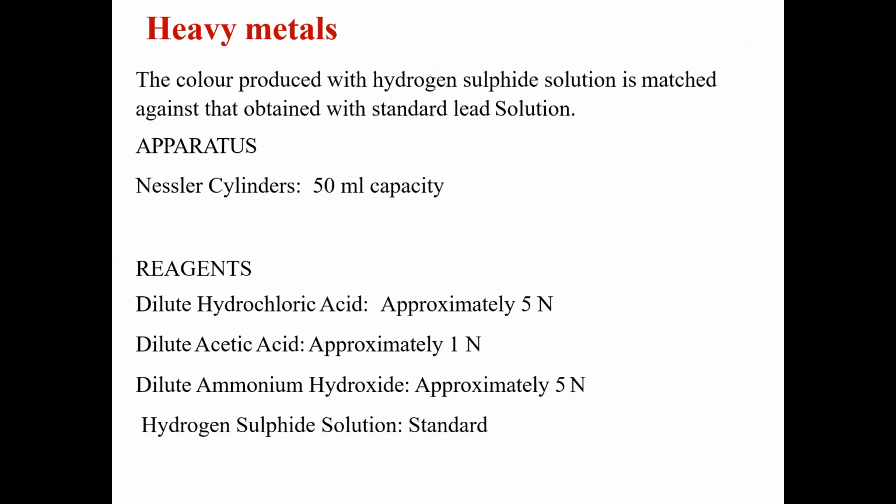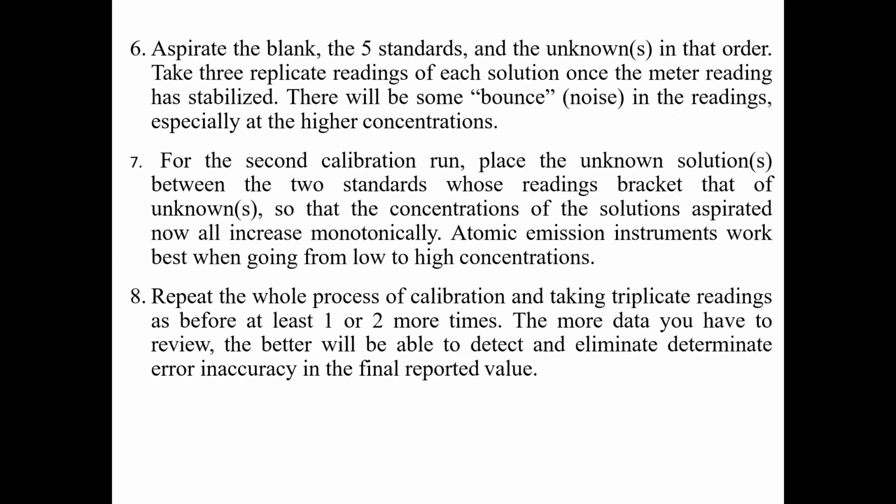Then aspirate the blank, standards and unknowns in that order. Take 3 replicate readings of each solution once the meter reading has been stabilized. For the second calibration run, place the unknown sample between 2 standard readings that bracket the unknown. Aspirate them now, all increasing monotonically.